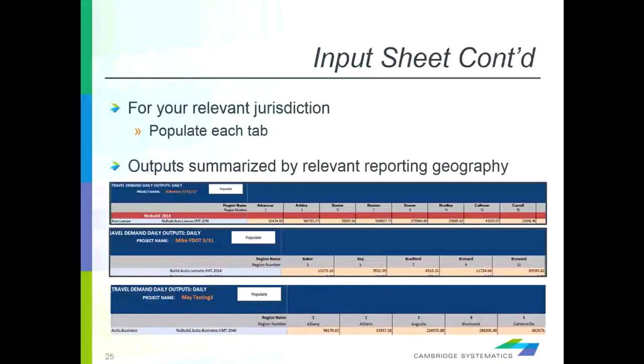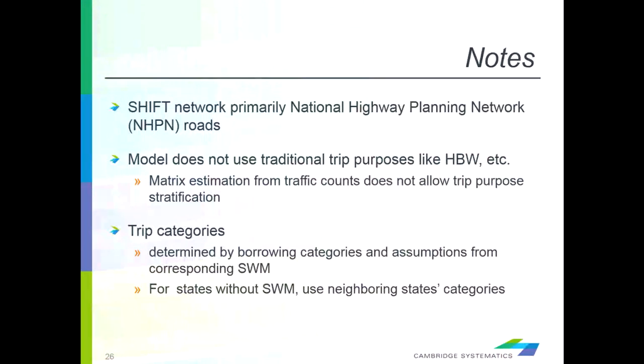And this was just an example of the different reporting geographies for the different states: Arkansas by county, Mississippi by region, and Georgia by region.